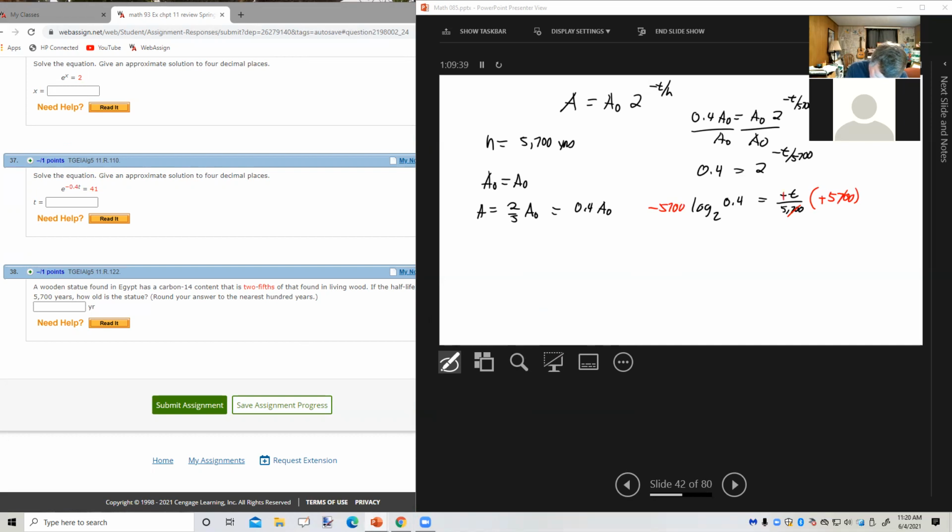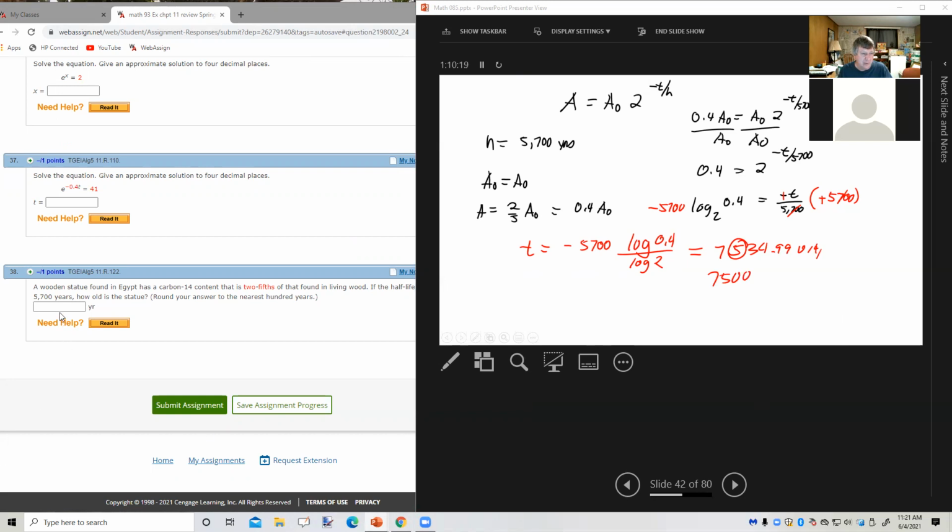Negative times negative is positive. t equals negative 5,700 times, using the change of base formula, log of 0.4 over log of 2. I go to the calculator and get 7,534.990141. And this is where a lot of people miss this. It says round your answer to the nearest 100 years, which would be 7,500 years.